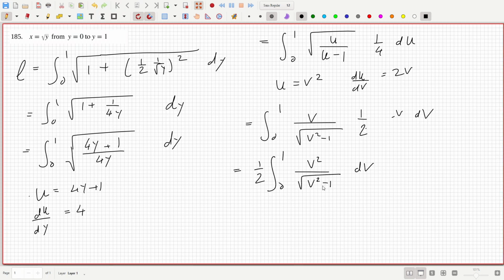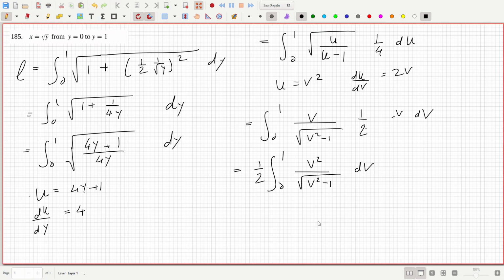Bring down the power, reduce the power by 1, multiplied by the inside derivative. Would another substitution make progress here? Difference of two squares. It'd be great if I could get rid of this root somehow. Better or is that any worse? The limits, of course, I'll need to change.